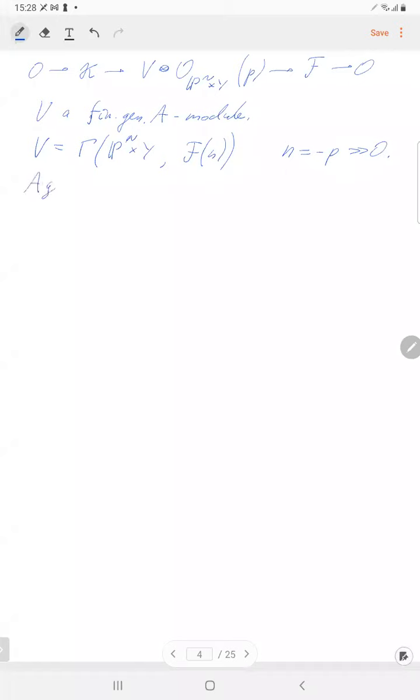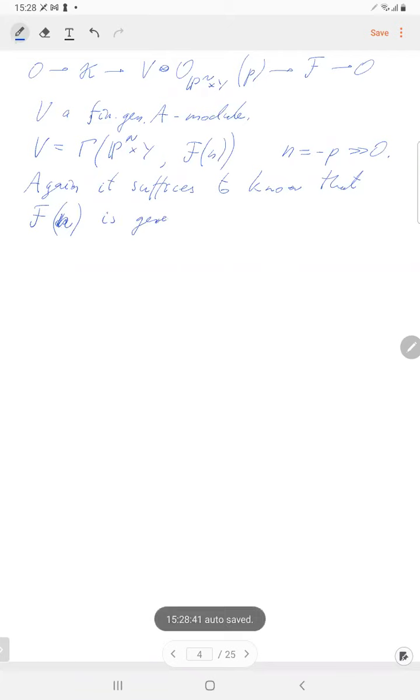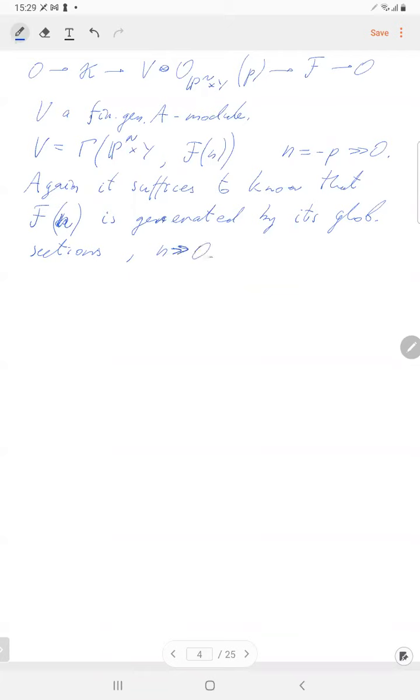So again, it suffices to know that F of n is generated by its global sections for sufficiently positive twist.